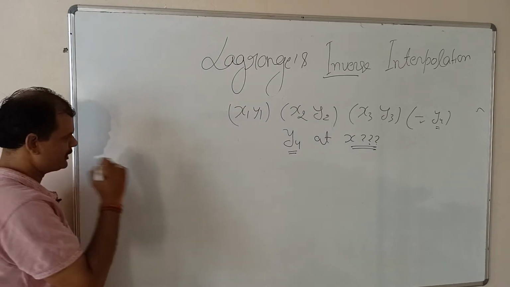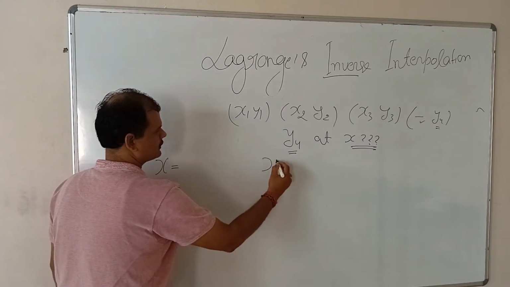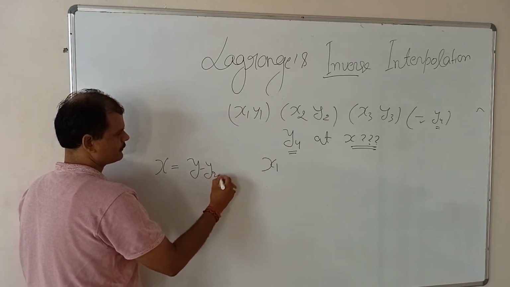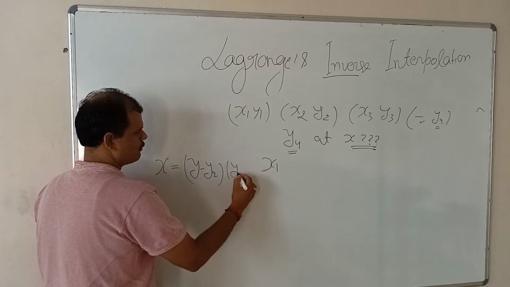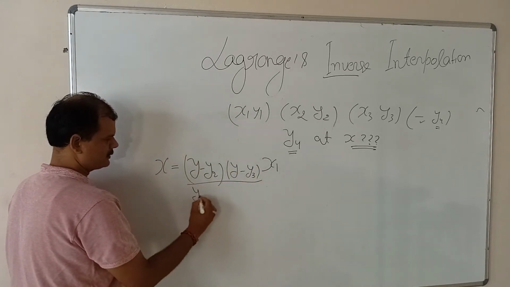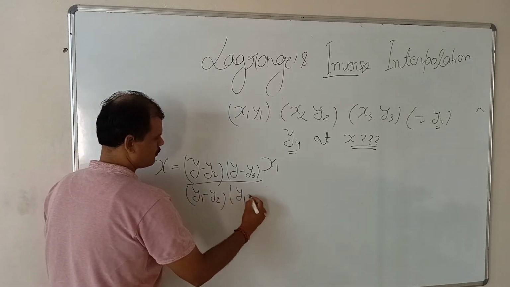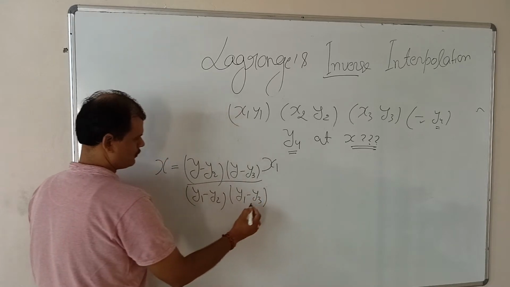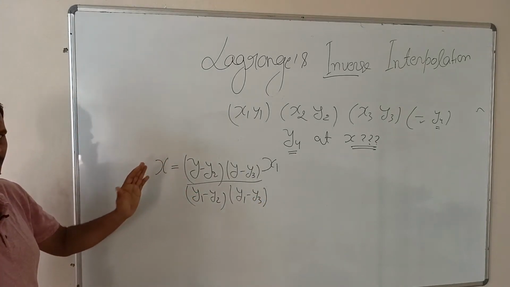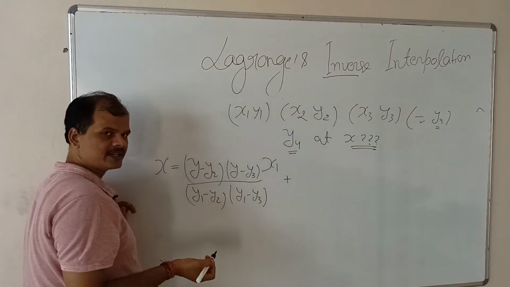So I write the polynomial x equal to x1 times (y minus y2)(y minus y3) divided by (y1 minus y2)(y1 minus y3). This is the first term. We are using the similar concept of Lagrange interpolation, only the variable is changed.